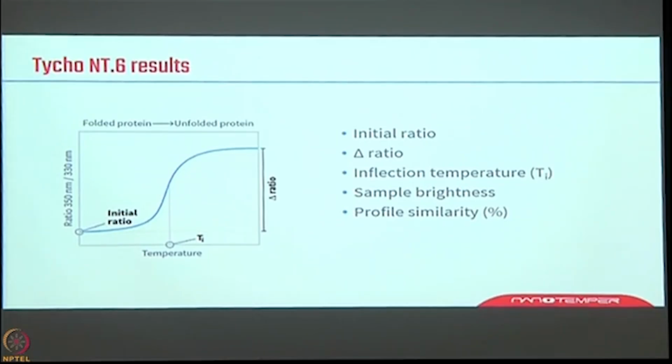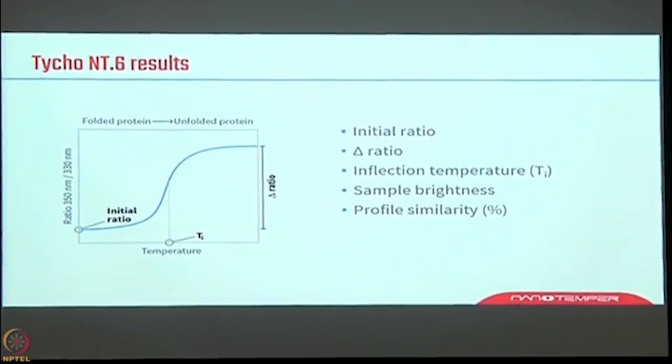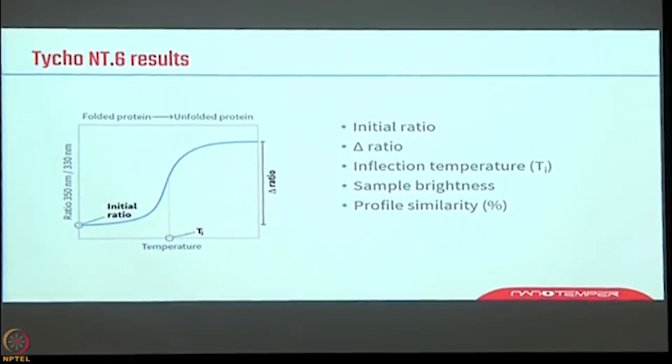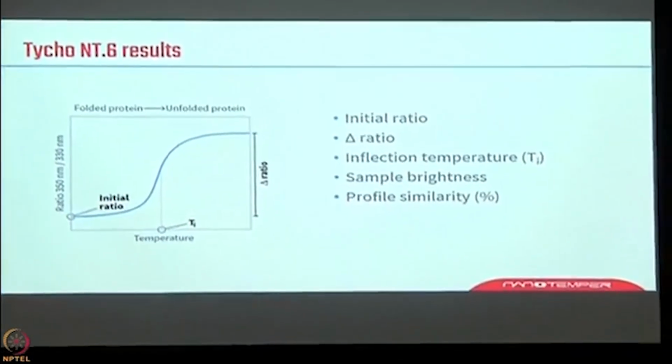Like that, when the protein folds and unfolds, you will get a TI value as well as the sample brightness. The sample brightness here will give you a relative concentration of your protein molecule. It will not give you the actual concentration, but a relative concentration, that this much amount of protein is present.